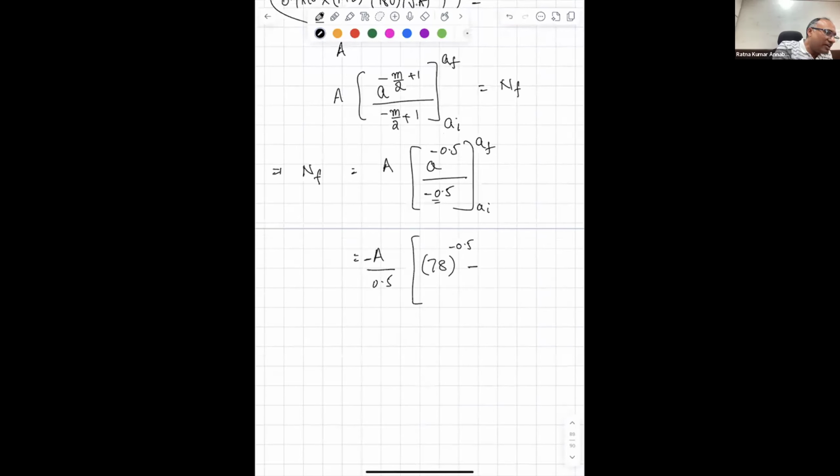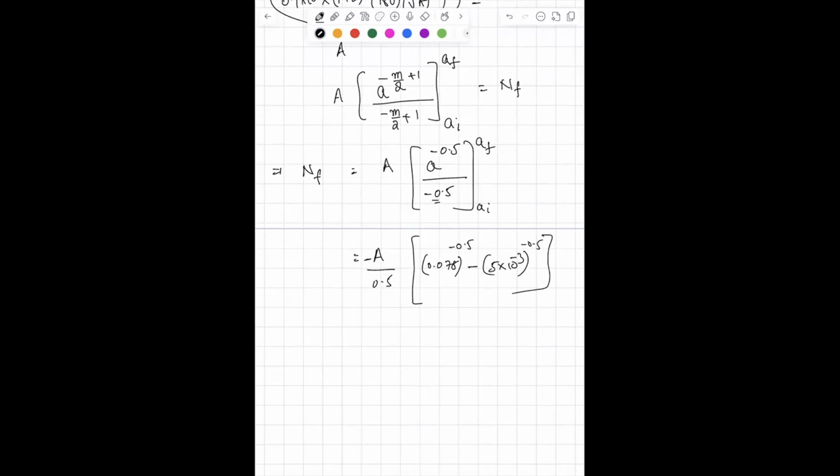Actually I should not say 78 because it is all done in meters. So 0.078 minus 0.5 into 10 power minus 3, whole power minus 0.5. So what is that number?